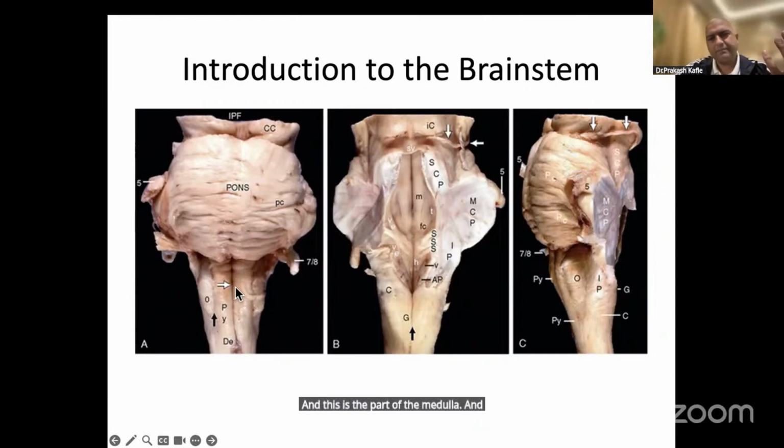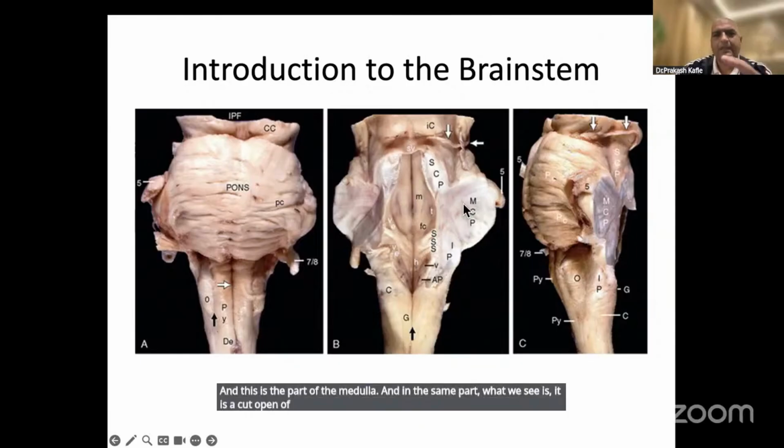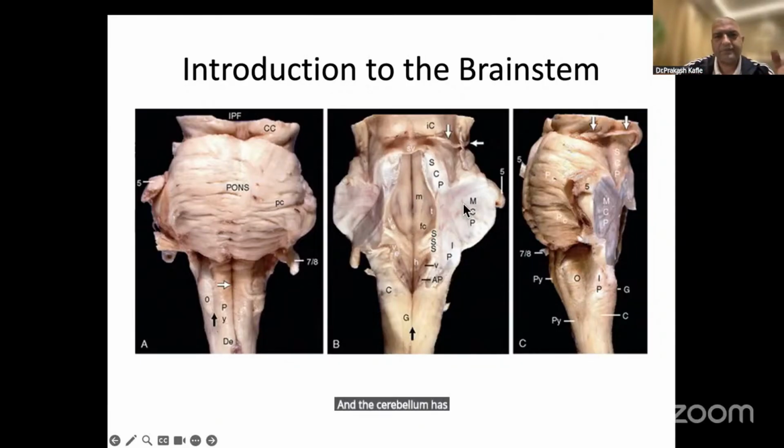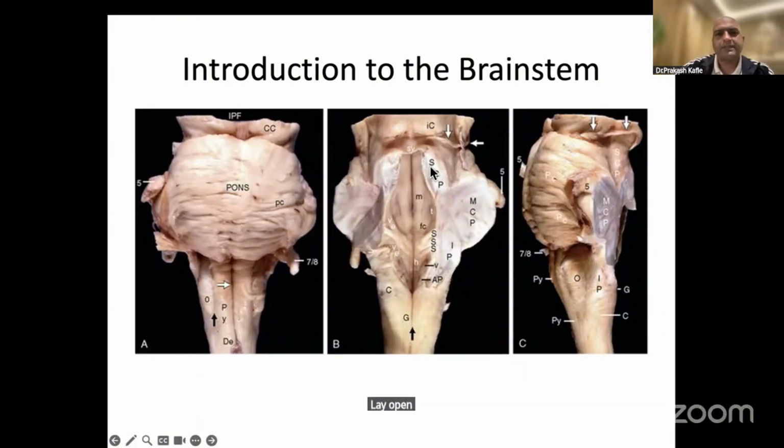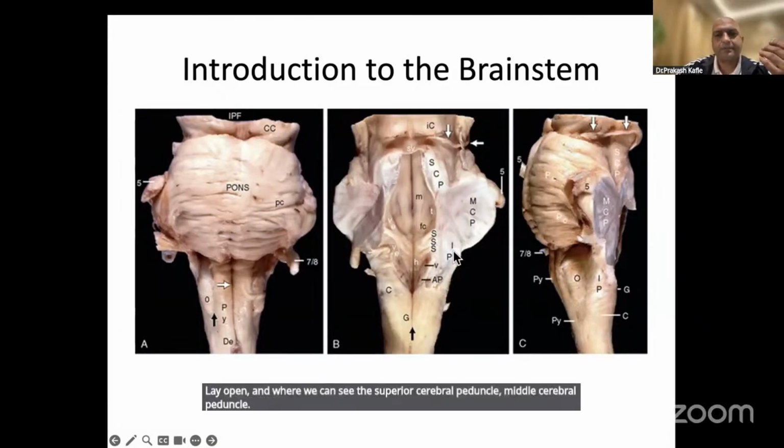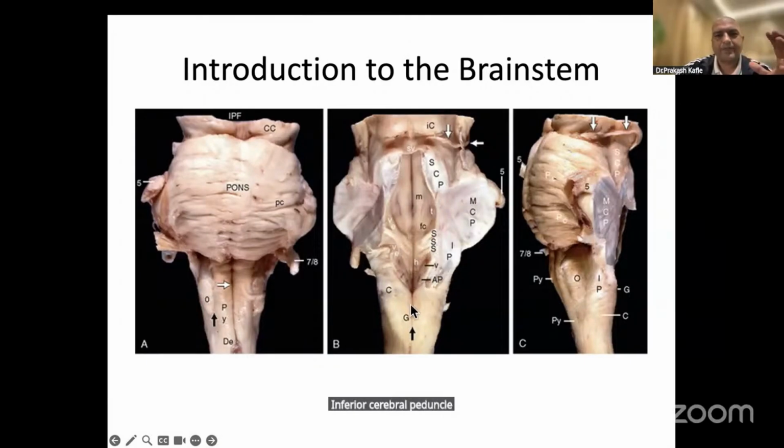In the same part, the cerebellum has been cut open and removed, so we see the rhomboid fossa laid open, where we can see the superior cerebellar peduncle, middle cerebellar peduncle, inferior cerebellar peduncle, and the obex, which is part of the medulla.